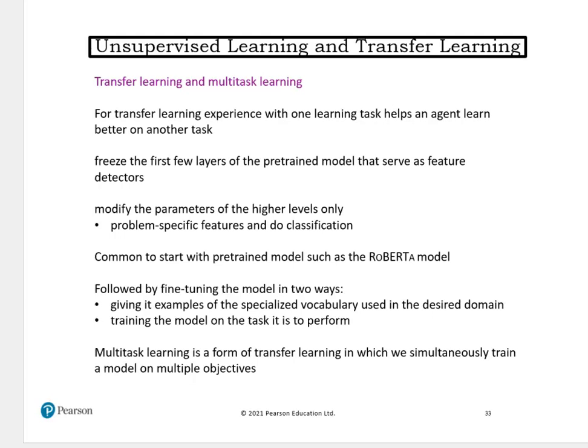First, by giving it examples of the specialized vocabulary used in the specific domain you're working on. Maybe you're working in the medical field or maybe the financial field. And then next, by training the model on the task it's supposed to perform, for example, if it will eventually be required to create new text or answer questions and so on.